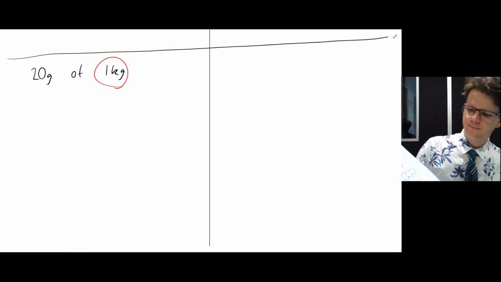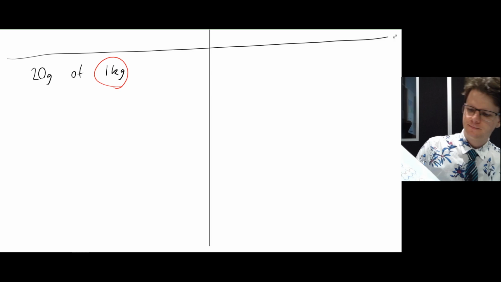Okay, so let's do it. 1 times 1,000 gives us 1,000 grams. And now what have we got? We've got 20 grams of 1,000 grams. Alrighty, so it's the same as before. Let's finish this one up.